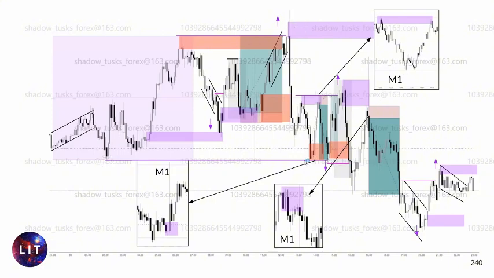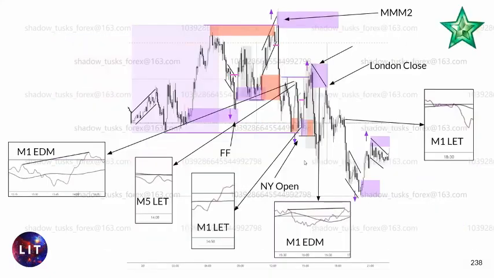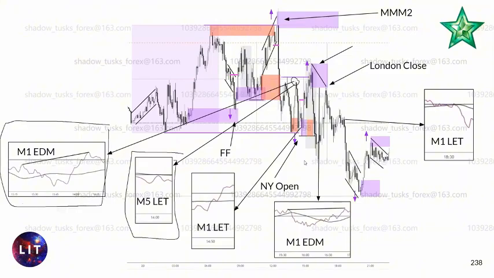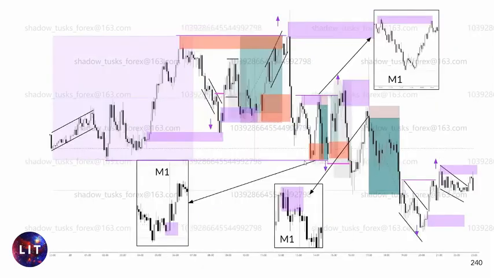So what we can see here is we have the very clean mitigation. And if we go back, we will remember that this point here was an M5 let and an M1 EDM, right? So we've got double confirmation, double entry helper confirmation for that specific trade.